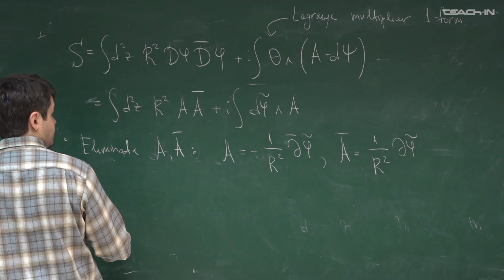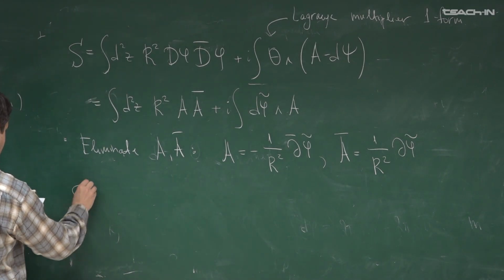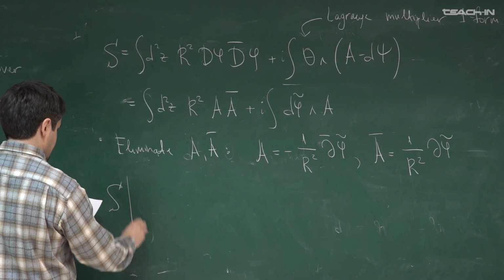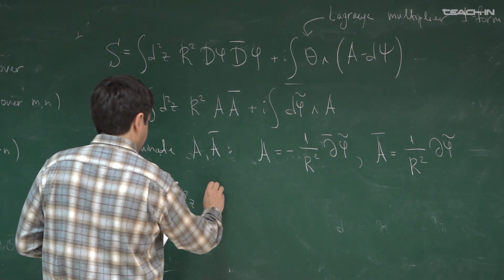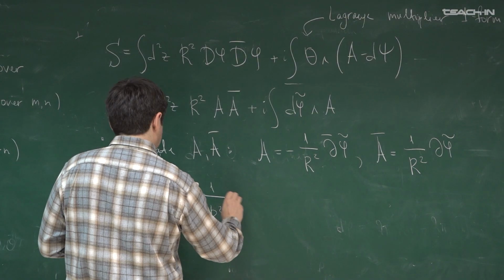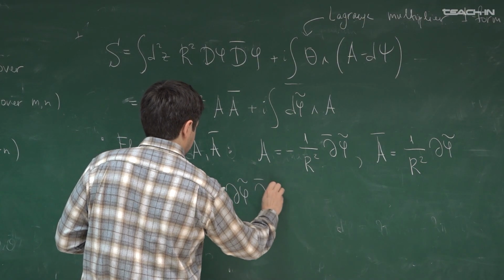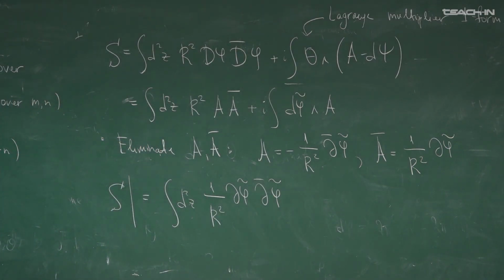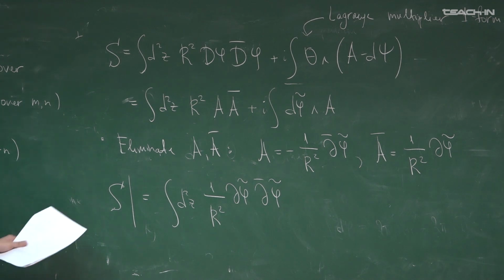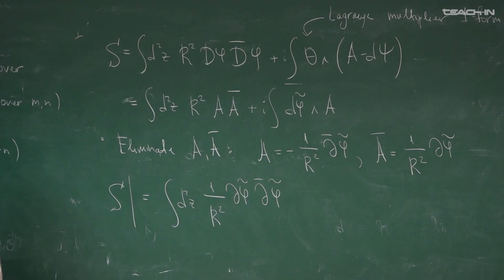Then you substitute back in the action. And so when you substitute, you see we get the same action basically as before, but with an inverted radius. So the radius now stands in the denominator, which is what we should get, because r is replaced by 1 over r, essentially.